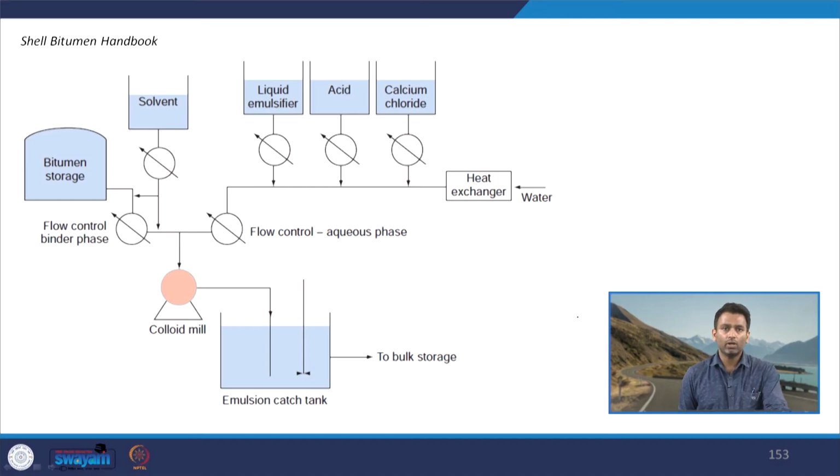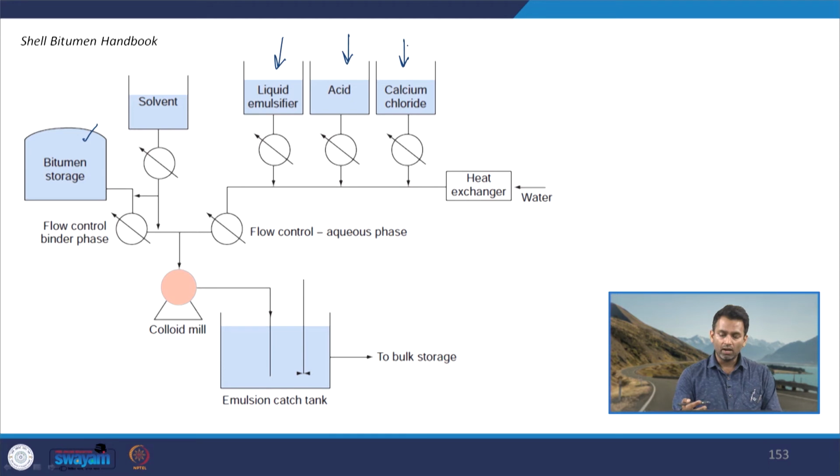This picture, again taken from the Shell Bitumen Handbook, shows a simpler form of how the colloid mill actually works. As we discussed, we have a bitumen storage system, then we have another system which can have liquid emulsifiers, acids, and calcium chloride.